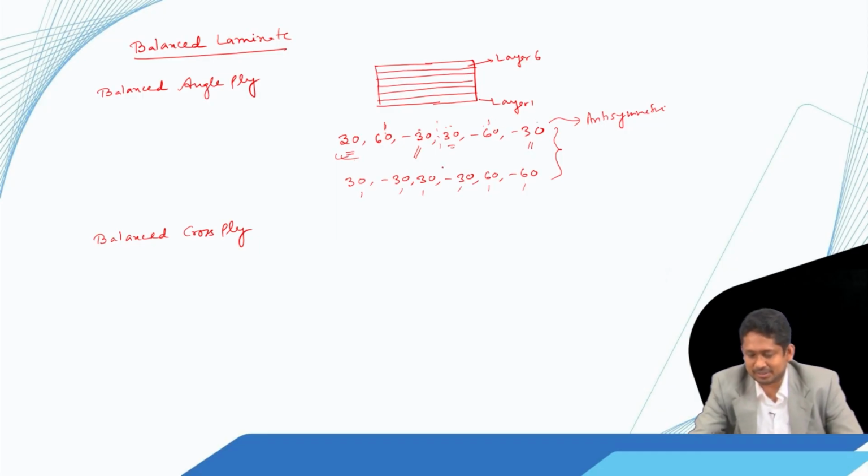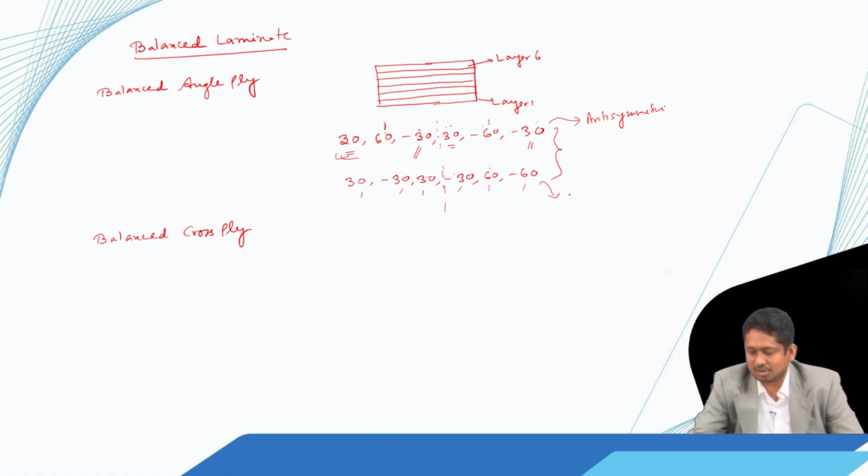But here, when we change the sequence, we do not see it. We can see that layer number 4 and 3 are opposite of each other, but layer number 5 is 60 and layer number 2 is minus 30. So, they are not opposite of each other. Similarly, layer number 6 is minus 60 and layer number 1 is 30, so they are also not opposite of each other, but they are balanced.